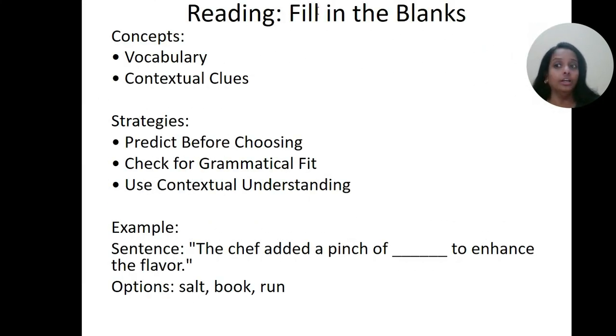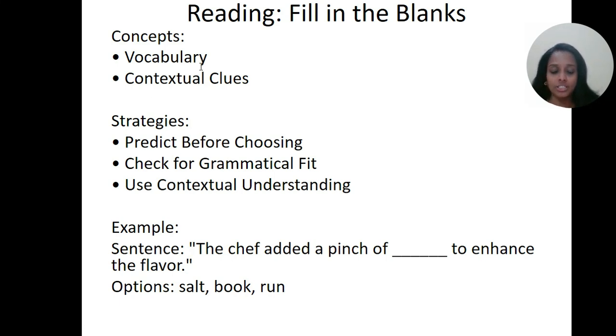Okay, so here the concepts covered are vocabulary and contextual clues. When we're talking about vocabulary, it means understanding the word meanings and usage based on the context. Got it? And contextual clues means using the surrounding text to infer the correct word.